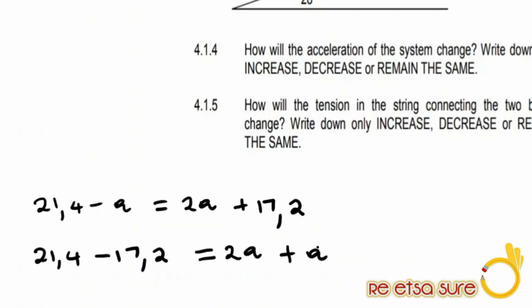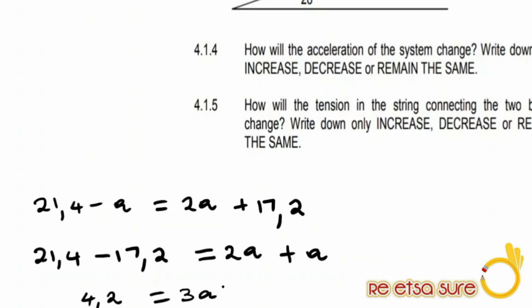So 21,4 minus 17,2, our answer there is 4,2, which is equal to 2a plus 1a. 2 plus 1 is 3a.